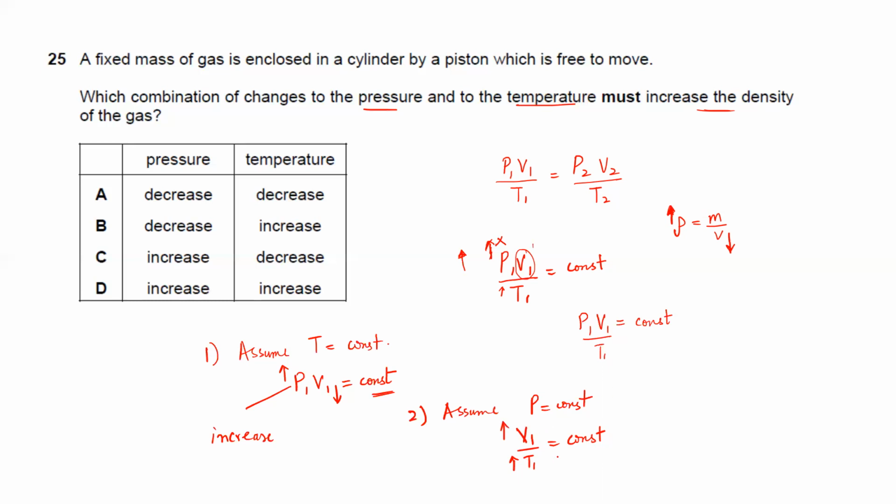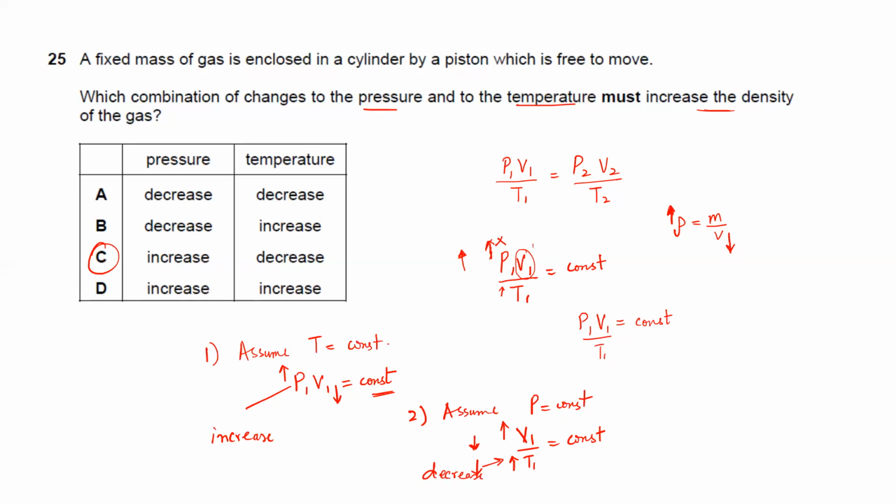So this is not suitable. What if I decrease the temperature? Then we have to decrease the volume, in order to keep this whole thing constant. So what I need is an increase in pressure and a decrease in temperature. A combination of pressure increase and temperature decrease will be the best choice. That is the answer C in this case.